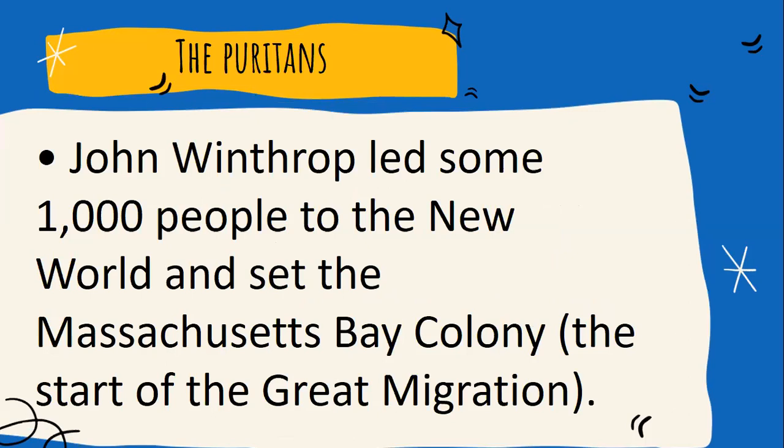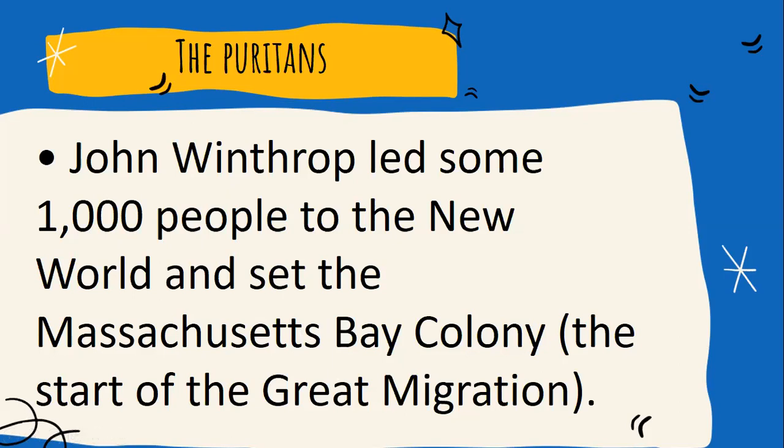John Winthrop led 1,000 people to the New World and settled in the Massachusetts Bay Colony, which was the start of the Great Migration from England to the New World. He was the first one bringing 1,000 people to the New World. One more time, Massachusetts Bay Colony. That's why nowadays Massachusetts has a lot of historical places.